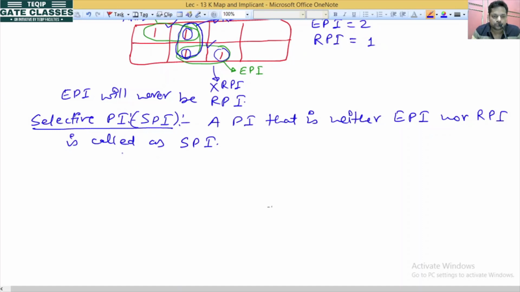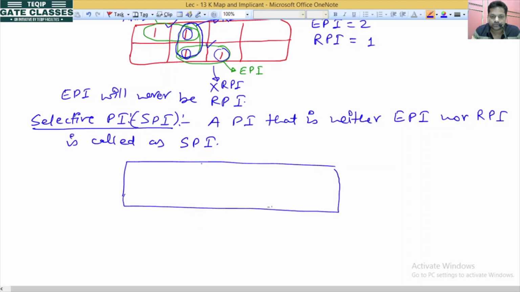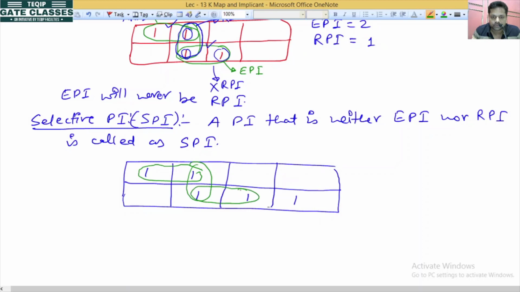If you want to see an example, suppose we have this 3 variable K-map, and I have this scenario. When we move to form groupings, 1 group, 2 group, 3 group, and this one is the 4th group.